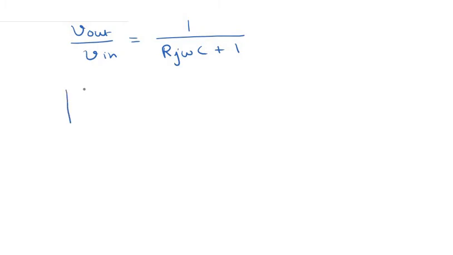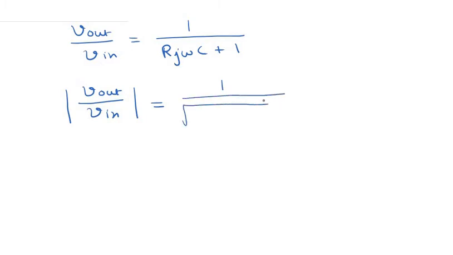So if we consider the magnitude, this is just V out divided by V in equals 1 divided by root over R omega C square plus 1.